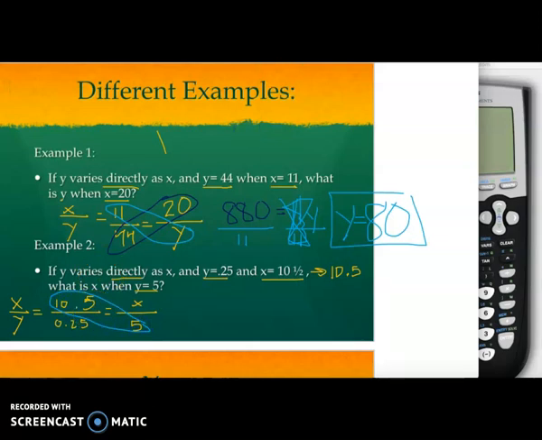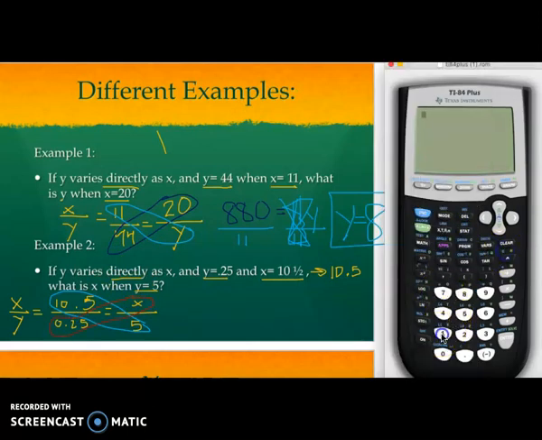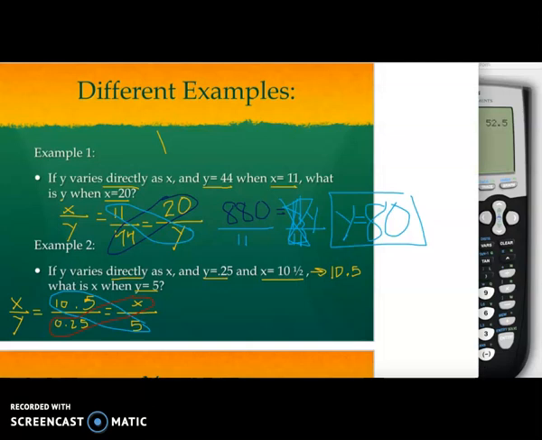10.5 times 5 and 0.25 times x. Okay? So when we type it into our calculator, 10.5 times 5, we get 52.5. And we could say that that equals 0.25x, right?